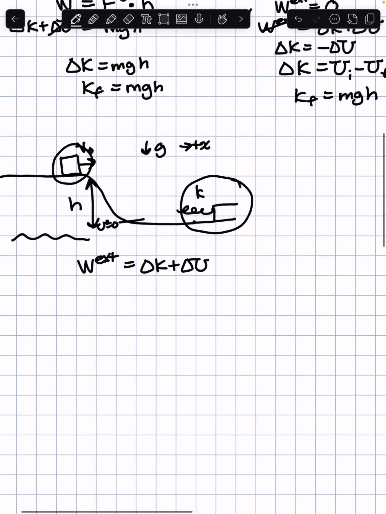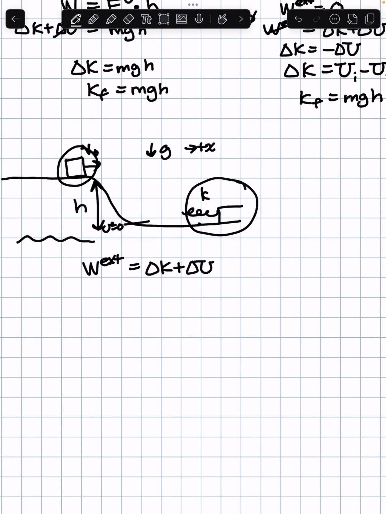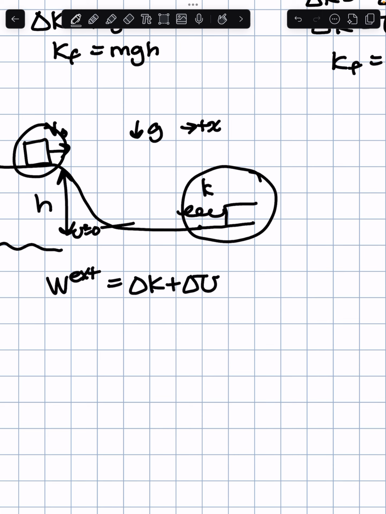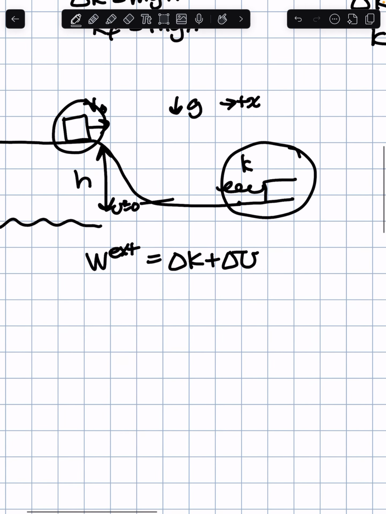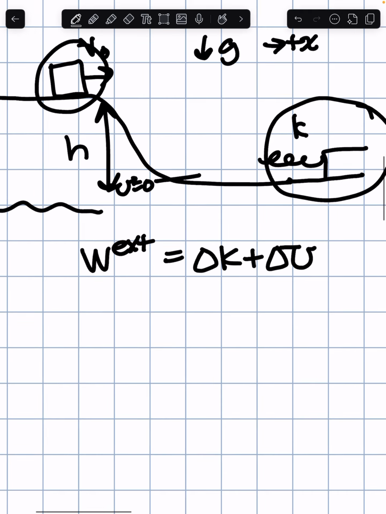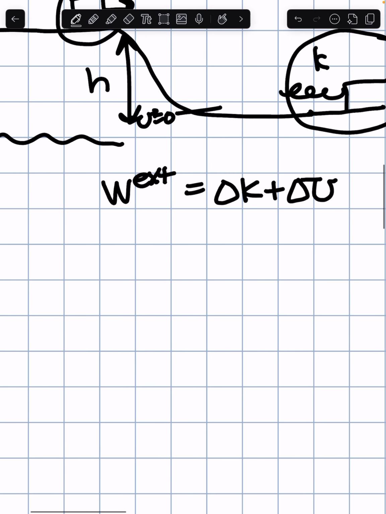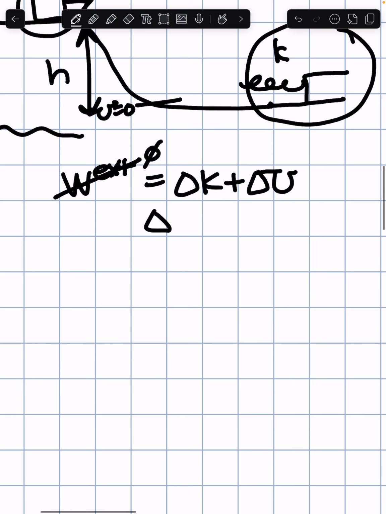If we did not include the spring here, we would have to do an integral with the force of the spring with respect to the displacement of the block. But because that is outside of the scope of our discussion, we will only be looking at it as a three-body system. So the work external is 0 because there are no external forces. So the change in our kinetic energy must equal negative the change in our potential energy.